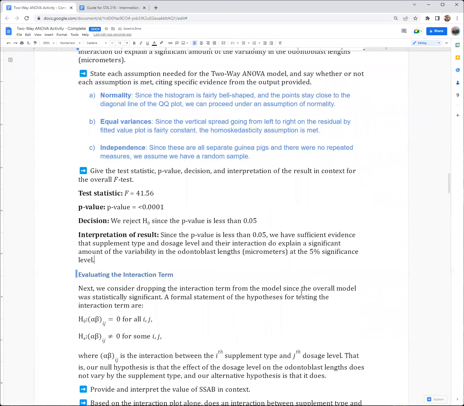So there's our interpretation of the result. It's somewhat vague and ambiguous. We're saying we have evidence that the supplement type and dosage level and their interaction do explain a significant amount of variability in the odontoblast lengths. We're not really saying which supplement type was best or which dosage level was best. All we're saying is that the odontoblast lengths did vary by treatment group, on average.